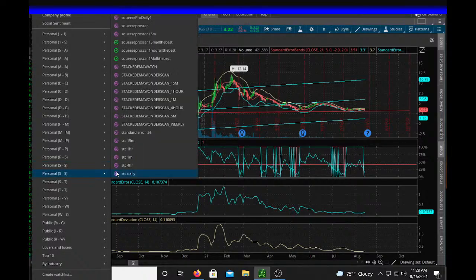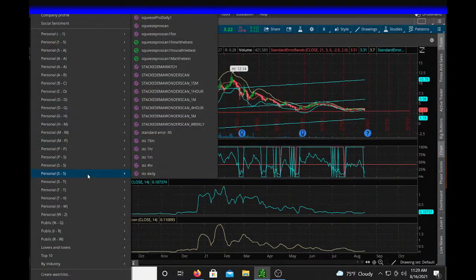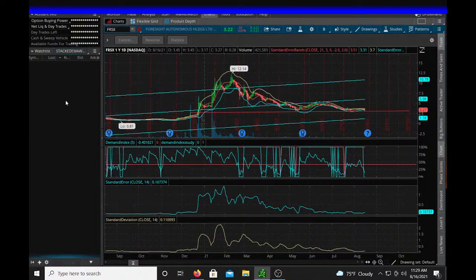Okay, let's see what we get here on our Wonder Scan for our 1 hour. And this is just going to be stacked moving averages. It doesn't really mean anything. We're just looking for moving averages and whatnot to line up.